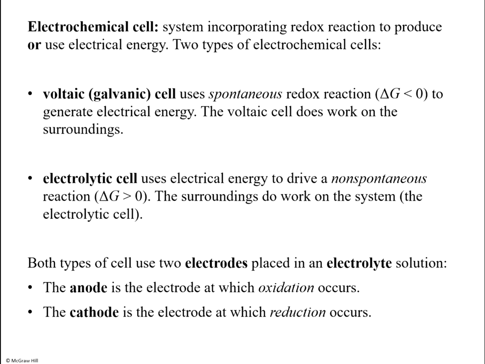Both types of cells use two electrodes, and these two electrodes are placed in the two half reaction solutions, the electrolyte solutions. The anode is the electrode where oxidation occurs, so that's an ox. And the cathode is the electrode at which the reduction occurs. So you just think red cat, reduction cathode.